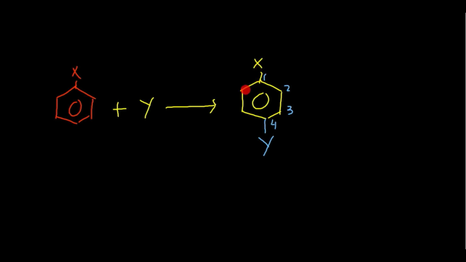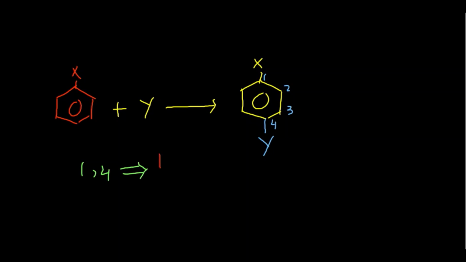It means either we do the numbering clockwise or anti-clockwise, right? We get X and Y at position 1 and 4. Position 1 and 4. X and Y, they are present at position 1 and 4.